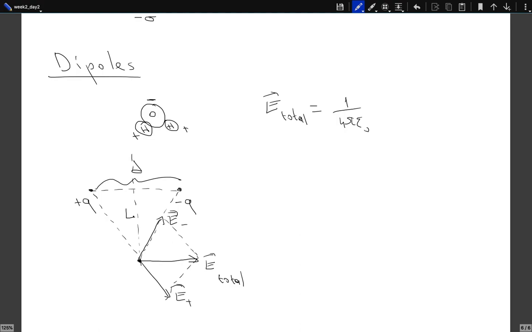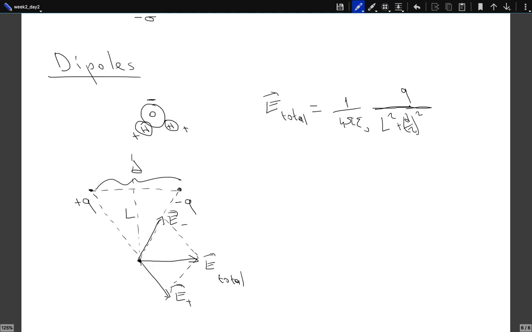This distance squared is just L squared plus d over 2 squared. And the charge creating the electric field, Q. So 1 over 4 pi epsilon 0 is from Coulomb's law, Q is the charge creating the electric field, and L squared plus d over 2 squared is the distance squared of this point from this charge.